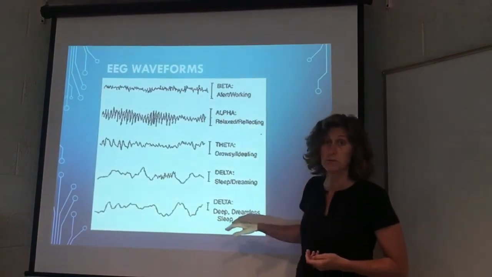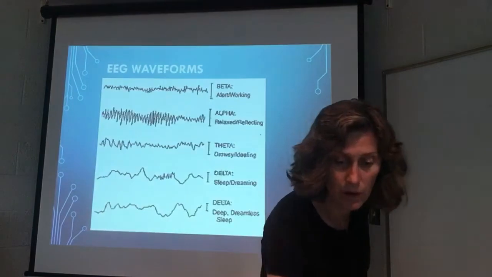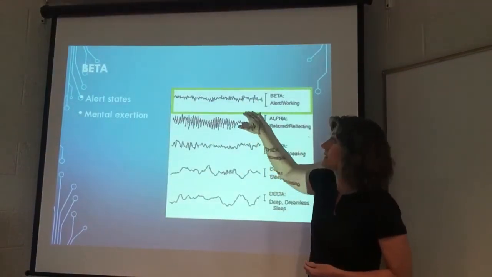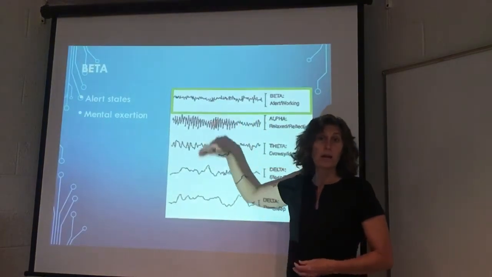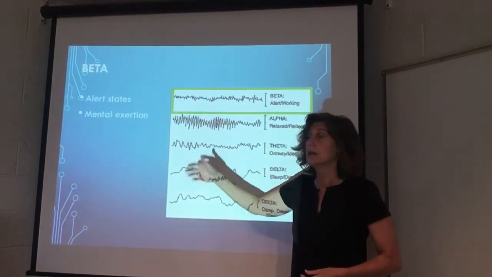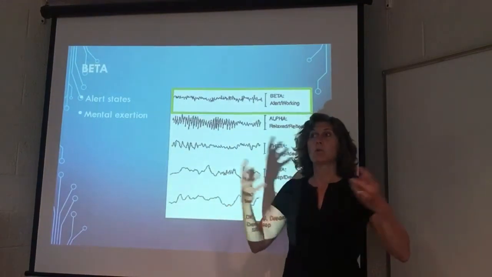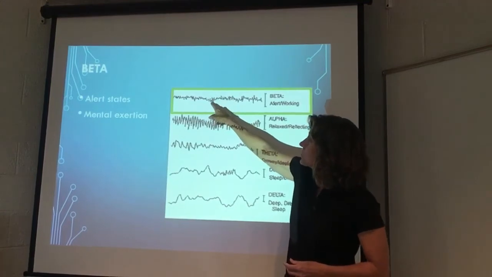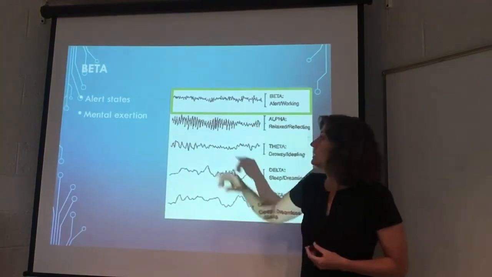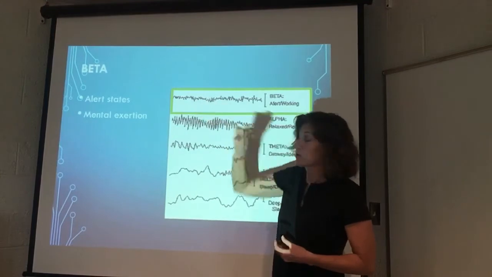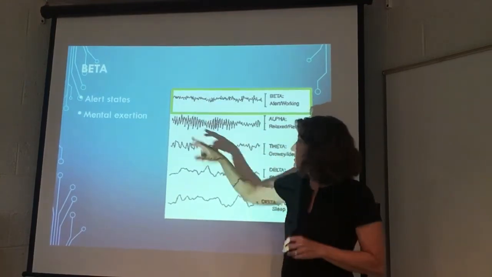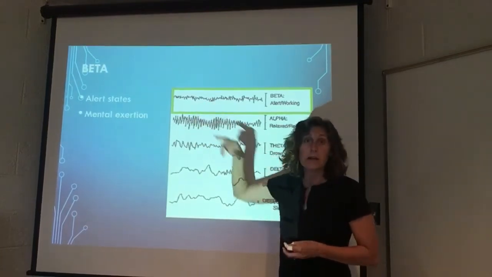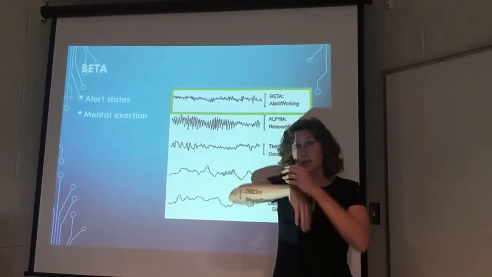These tend to correspond with different states of awareness as well. Starting with beta, this is our highest level of awareness. We're fully awake, maybe exerting ourselves mentally. Our eyes are open and we're alert to the outside world. Something important to recognize here is that while it is a very low amplitude, much lower than alpha, what's happening is the different waveforms are canceling each other out.